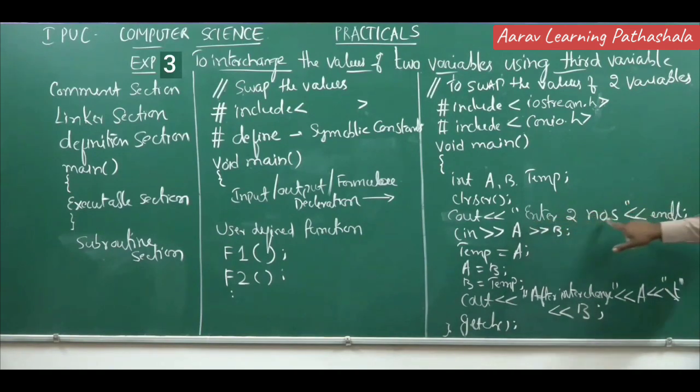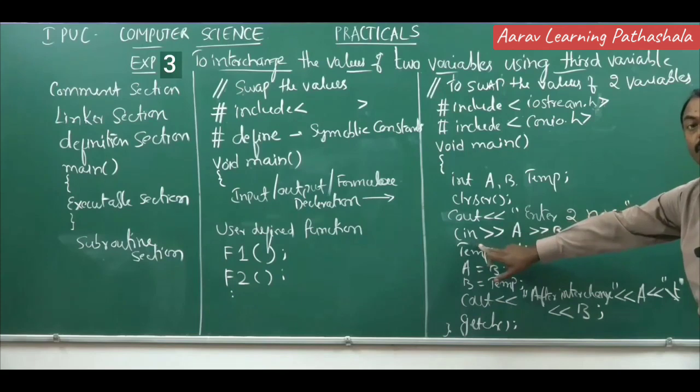Here we made use of endl, which is called a manipulator, used in a program to modify our output. Because of the endl manipulator, the control goes to the next line, where we are supposed to enter values.